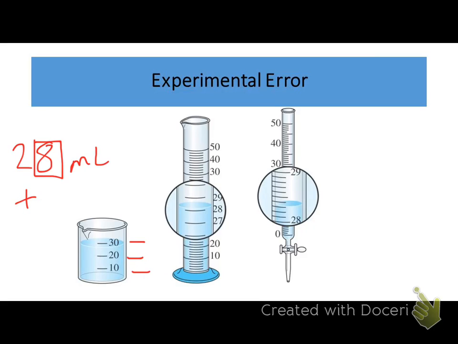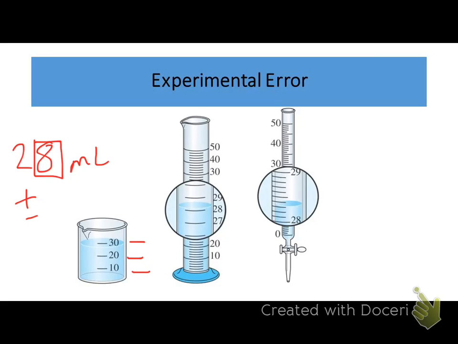Okay, and then we need an uncertainty, plus or minus range. Well, since my 8 is my uncertain digit, for an analog piece of equipment, you're going to take the smallest hash mark and divide it in half. Well, the smallest hash mark is going up by tens.